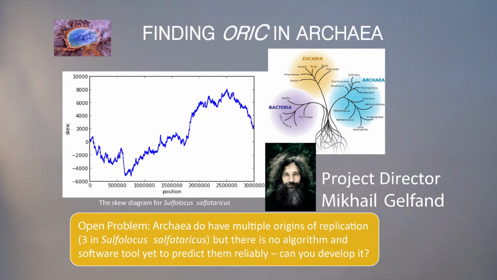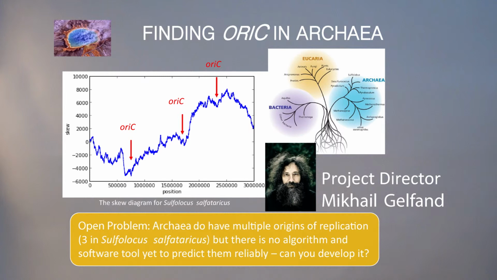The second project is also directed by Professor Gelfand. In this project, we want to find origins of replication in archaea. You know that life consists of 3 domains: bacteria, eukaryotes that include us, plants, and yeast, and the third strange domain of life called archaea, which do not look like bacteria, but do not look like eukaryotes.